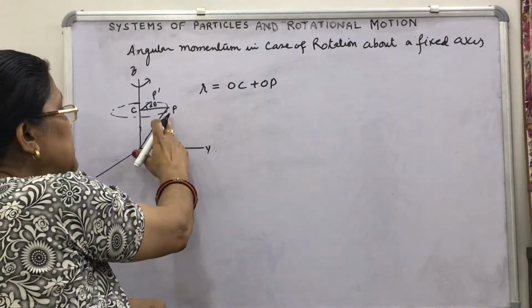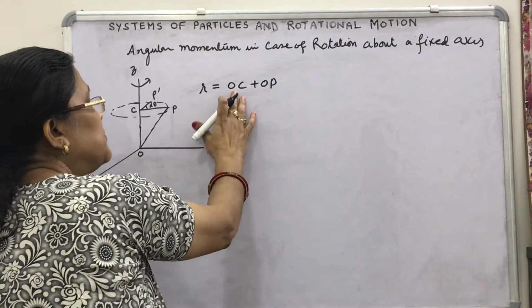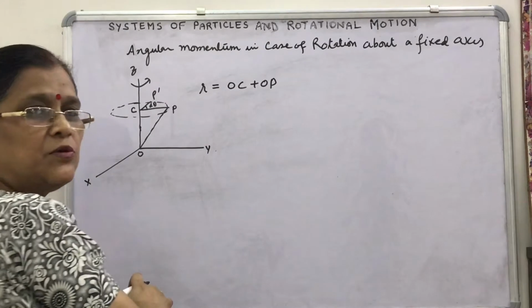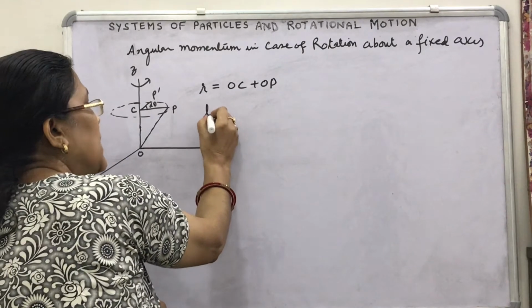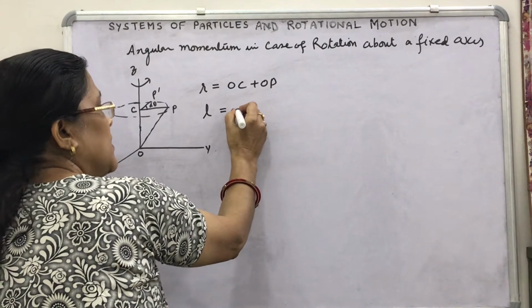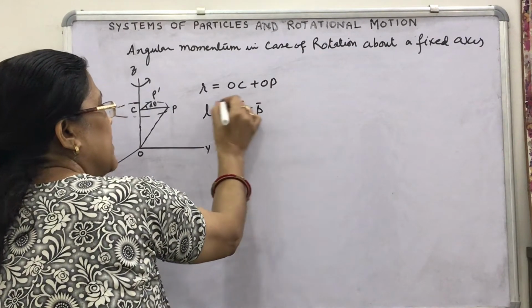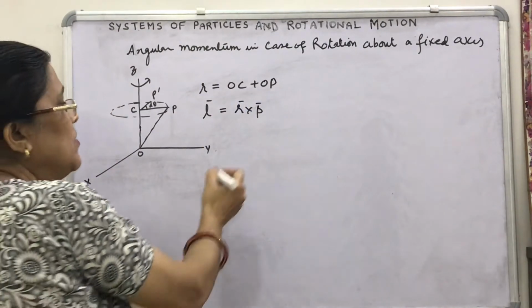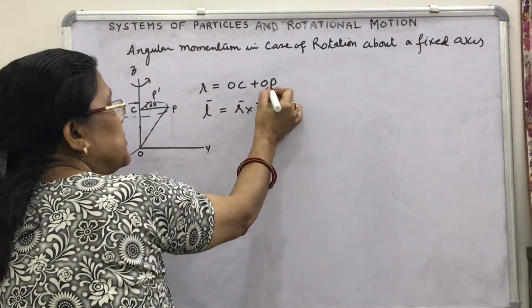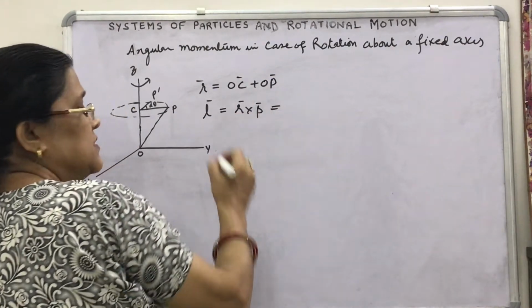So for this typical particle, we can write its position vector r equal to OC plus CP. And what about its angular momentum? You know, angular momentum is r cross p in vector form. Here r is OC plus CP, these all are vectors, and p is linear momentum.